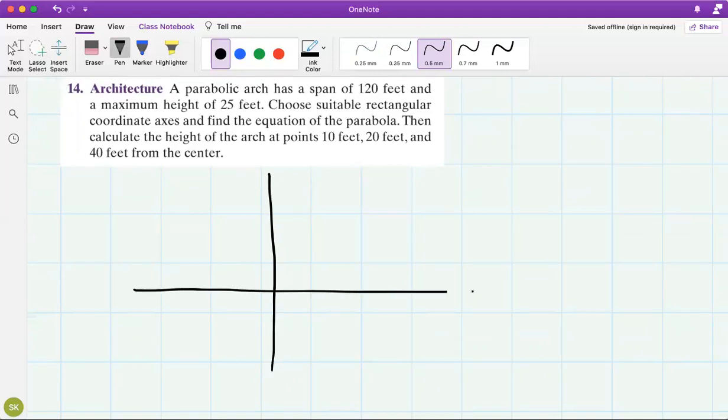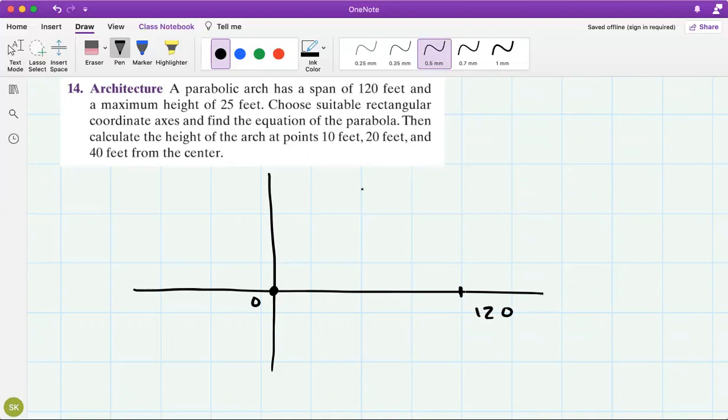So we have a parabolic arch. It has a span of 120 feet. So what I'm going to do is I'm going to make an arch here, and I'm going to start at 0 and I'm going to go out to 120 feet. And that's because that's the span.